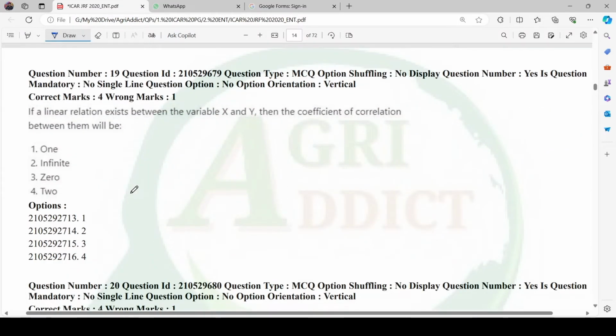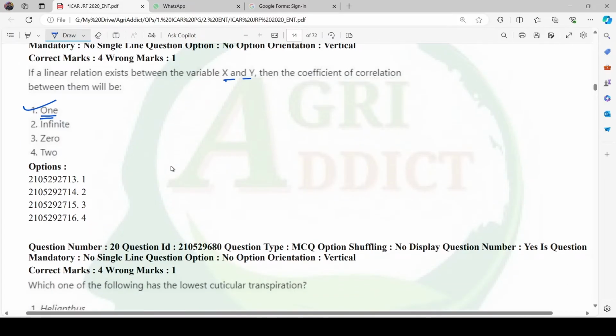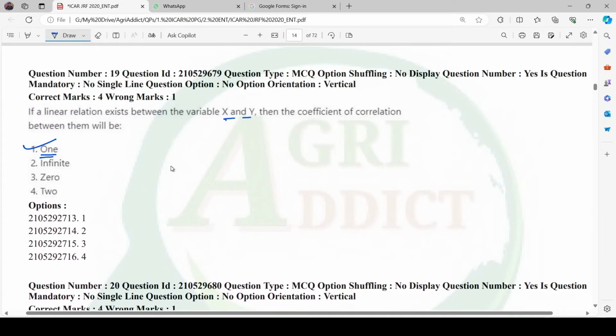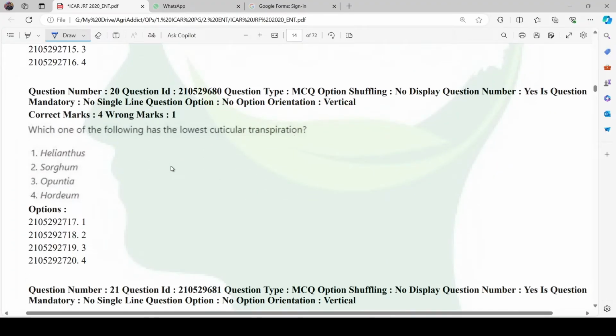Next question: if a linear relation exists between the variables x and y, then what is the coefficient of correlation between them? When a linear relation is there, the coefficient of correlation is 1. Which of the following has the lowest cuticular transpiration? Opuntia, or the cactus, because it is a xerophytic plant and lives in desert conditions, so for it the cuticular transpiration is lowest.